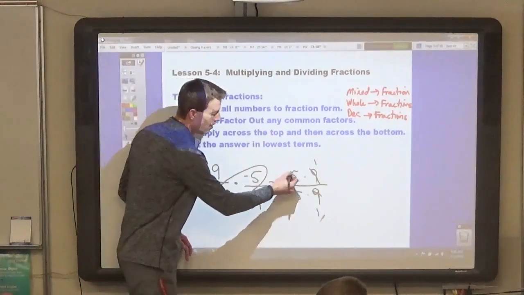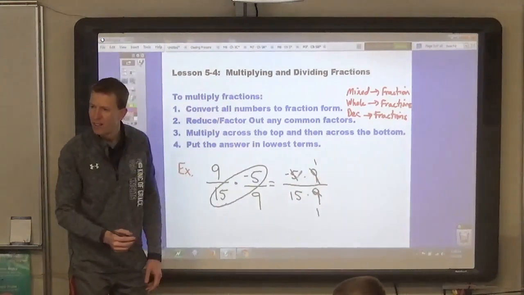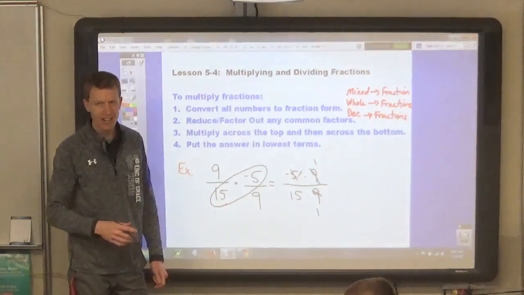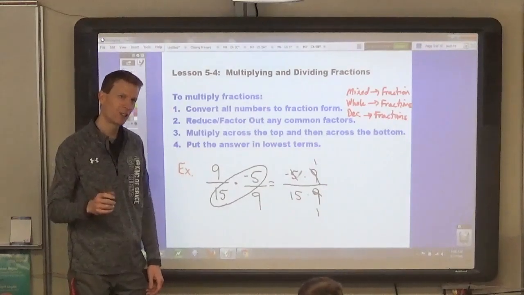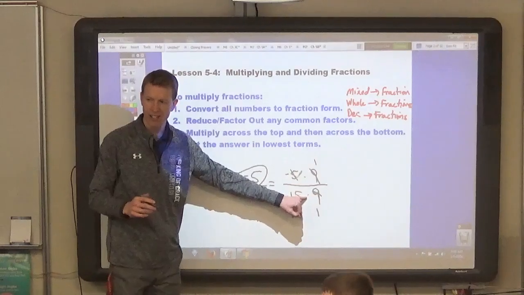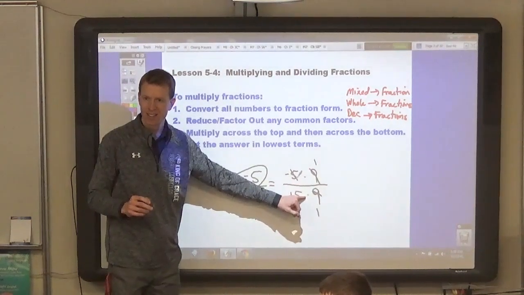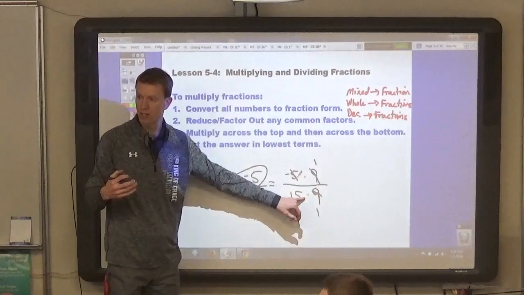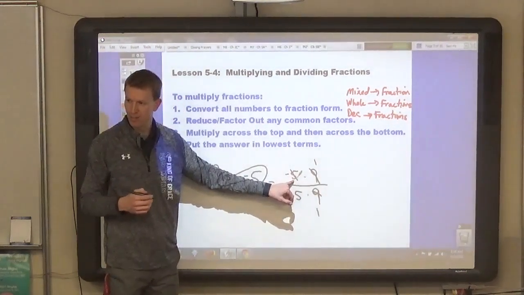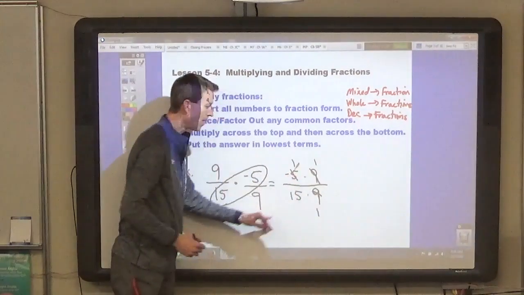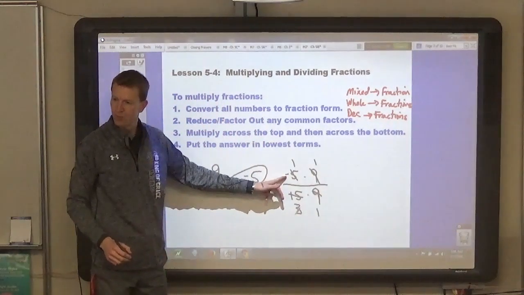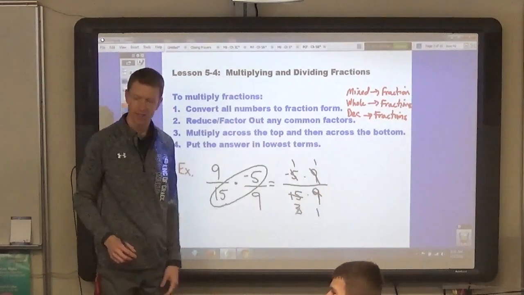What are you taking out of both numbers? 5. So how many 5s are in -5? 1. How many 5s are in 15? 3. So this is really reduced to -1/3, right?